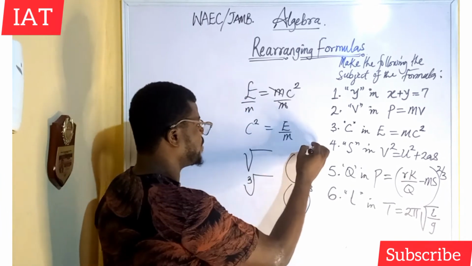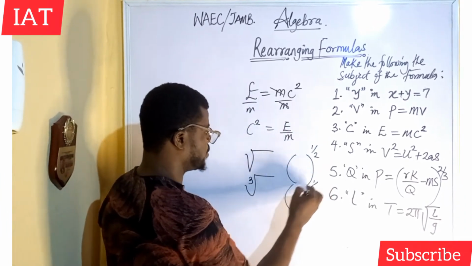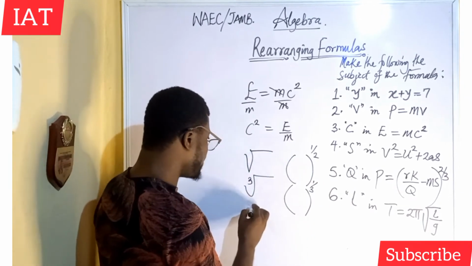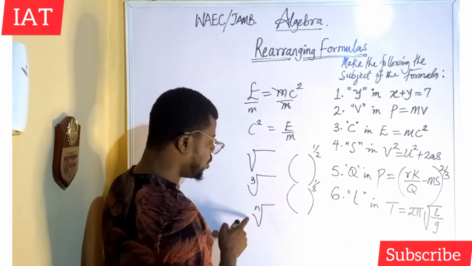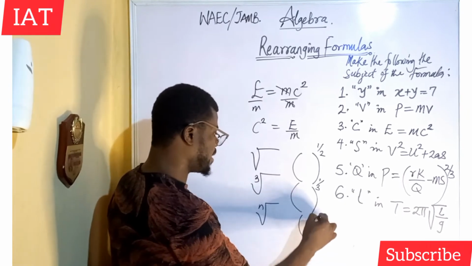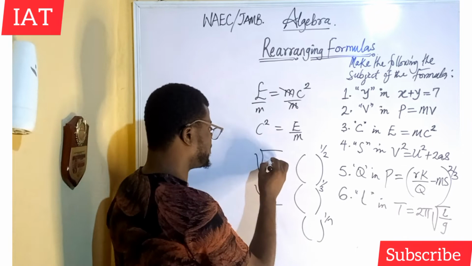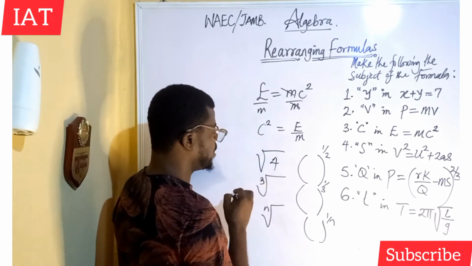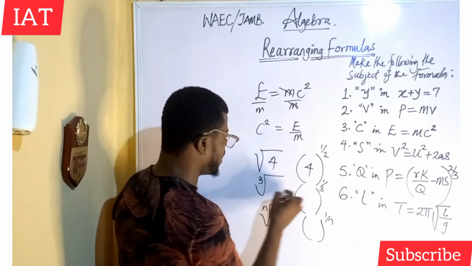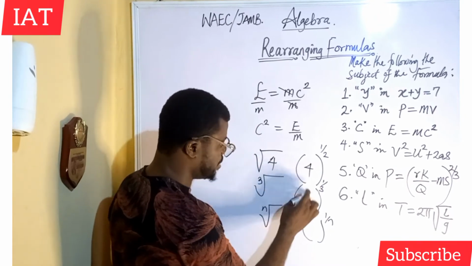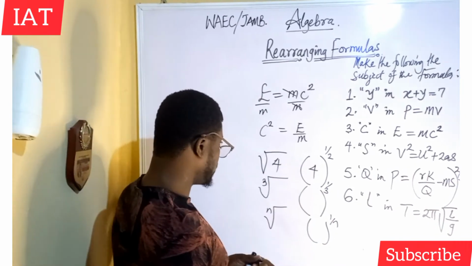If I have n, this is called the nth root. It means a bracket that has 1 over n. So similarly, if I have 4 here, I can easily fix 4 here. Anything that comes in here can be inside this bracket.